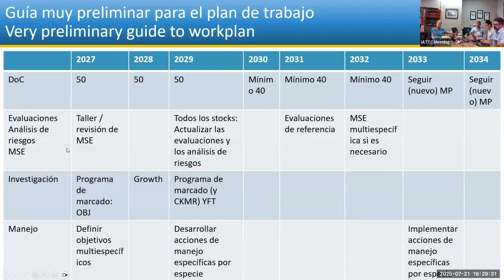So again, this would provide us a lot of information to be able to update the MSE, particularly a multi-species MSE. And then in 2029, for all of the stocks, we'd do a stock assessment, which would be a full risk analysis, and then we'd evaluate the harvest control rule based on that.